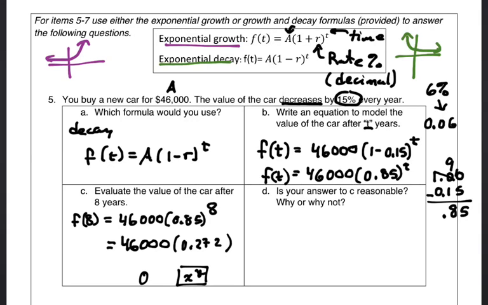So you would push 0.85, and you'd push this button, and then you would say 8. That would raise 0.85 to the 8 power. Okay. Then after you say equals, leave that nasty number in there. I rounded it, but leave that number in your calculator and just say times 46,000.